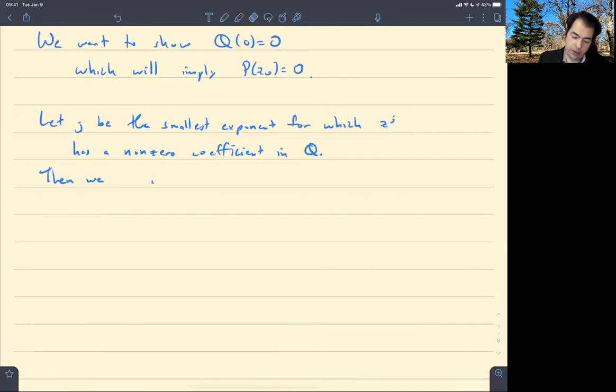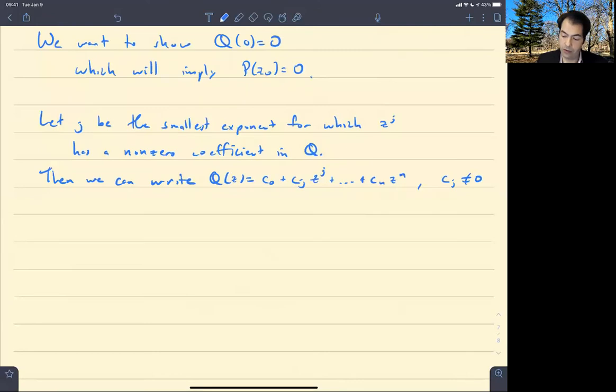So then we can write Q of z as c0 plus cj z to the J, plus and so on, until you get to cn z to the N, with cj not equal to 0. Also, cn is not equal to 0.